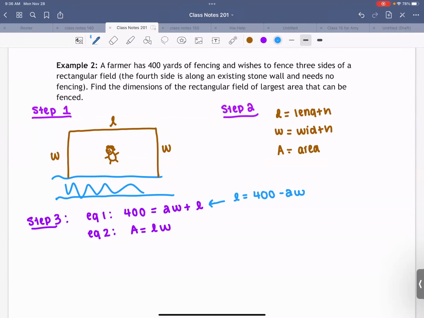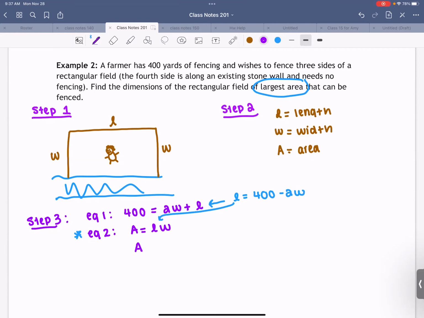Now the function that we want to maximize is the area, right? We want to find the largest area. So we really want to work with equation 2. That's the function that we want. So we're going to plug in L into our L in equation number 2.